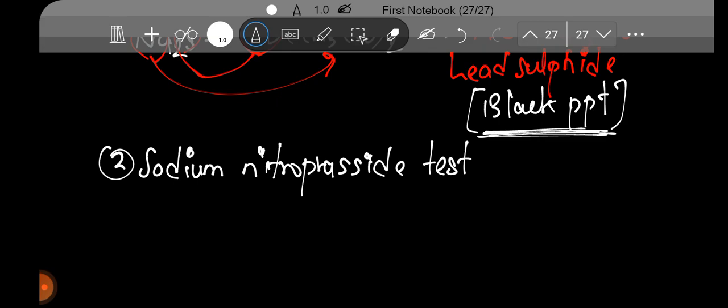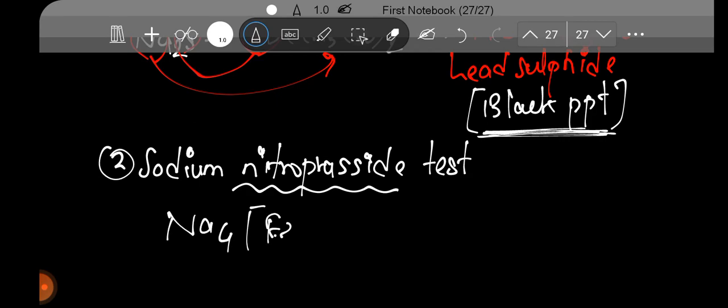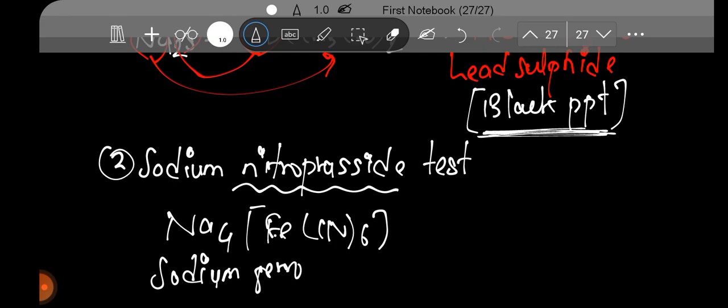Let me make clear what sodium nitroprusside is. You are familiar with the formula Na4[Fe(CN)6], which is sodium ferrocyanide. I will make little changes on this formula.